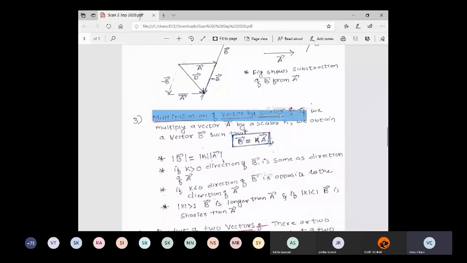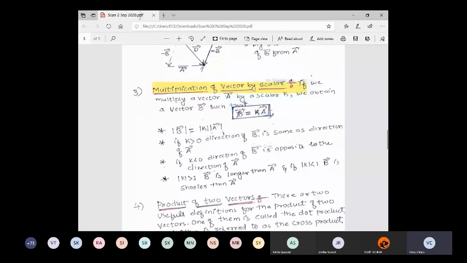Multiplication of a vector by a scalar. If we multiply a vector A by a scalar K, we obtain another vector B, such that I can write this B vector as K times A. Can anyone tell me what the possible results are?